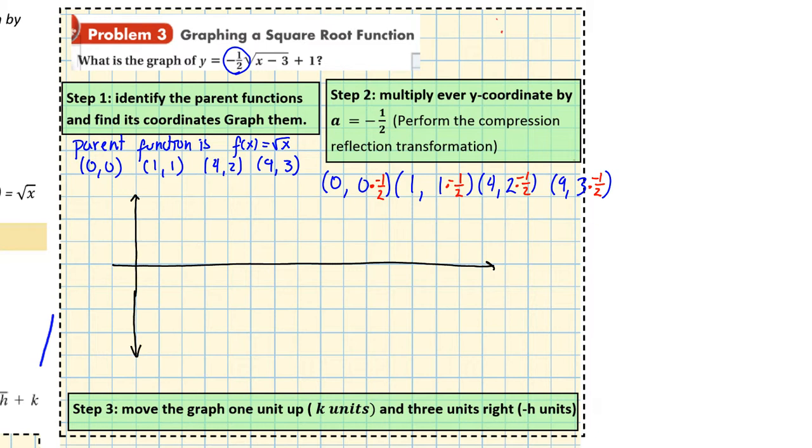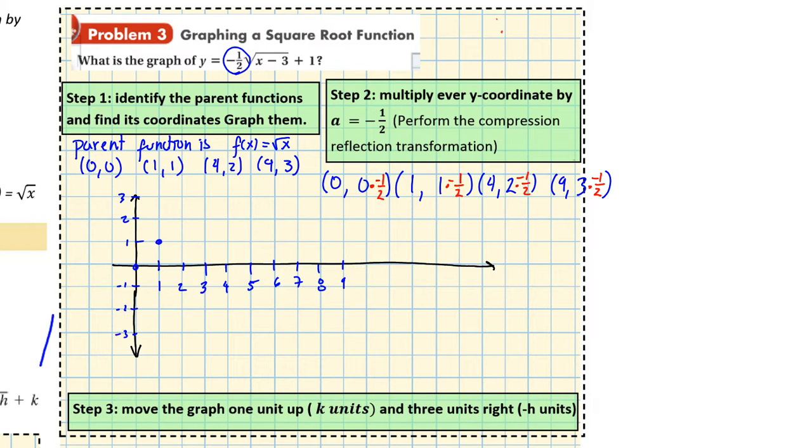Let's not forget that we need to write the correct numbers. 3, 4, 5, 6, 7, 8, 9. 1, 2, 3, negative 1, negative 2, negative 3. So the parent function is 0, 0, 1, 1, 4, 2, 9, 3. That's our parent function.